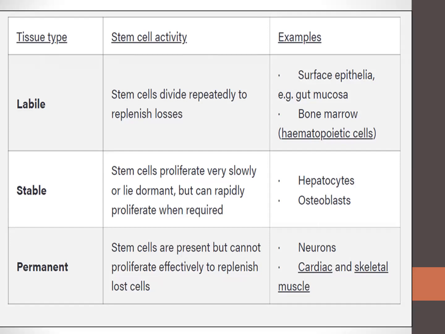Stable cells like hepatocytes or bone cells can only divide under certain conditions. Usually, they adapt by hypertrophy. And permanent cells like neurons, cardiac muscle and skeletal muscle cannot divide, so they adapt only by hypertrophy, by increasing the size of the cells.